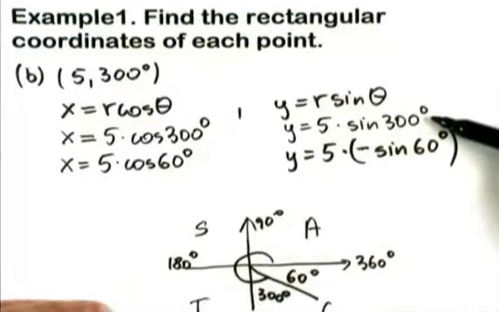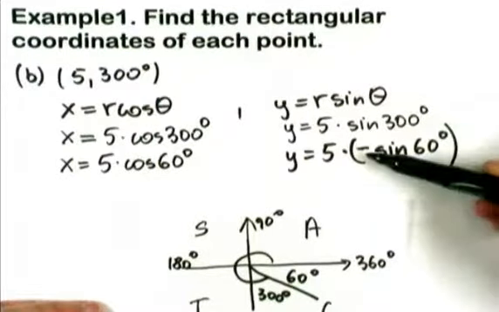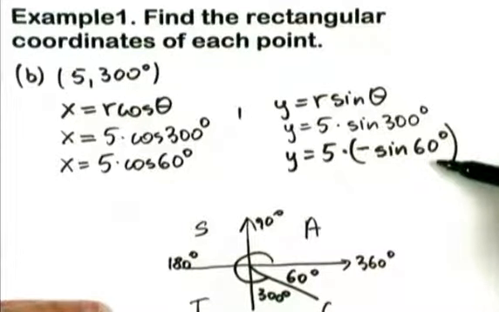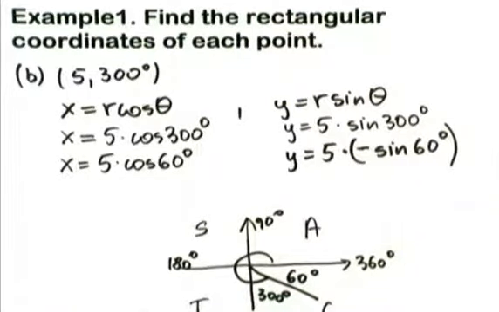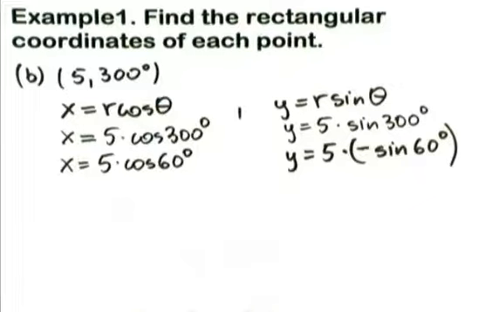Sine 300 degrees is equal to minus sine of 60 degrees, because the reference angle is always the sine of the reference angle up to the sign, plus or minus. So now we need to find the values of cos 60 degrees and sine 60 degrees. We're going to use our chart.